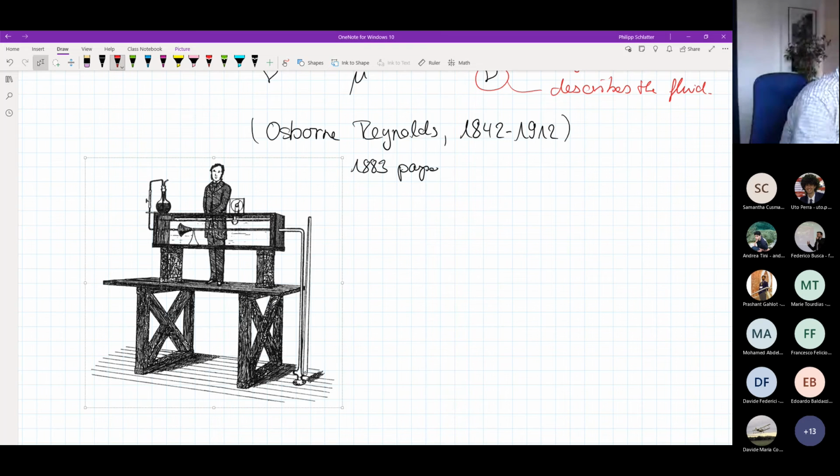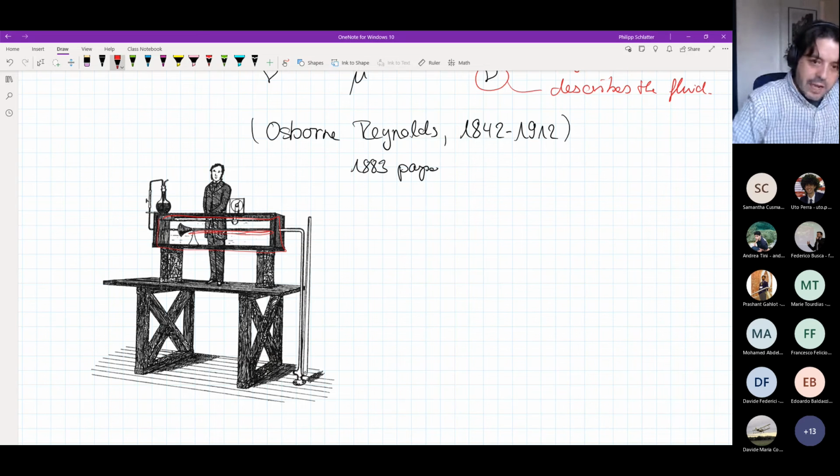What you can see here is a domain, this box here, in which Reynolds wanted to look at the fluid flow. Actually, he wanted to look at the flow inside this pipe here. So there was a thin glass pipe in which he wanted to observe how the flow is moving.